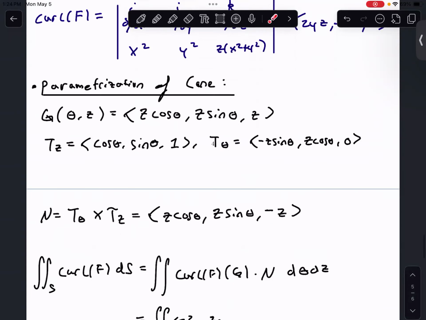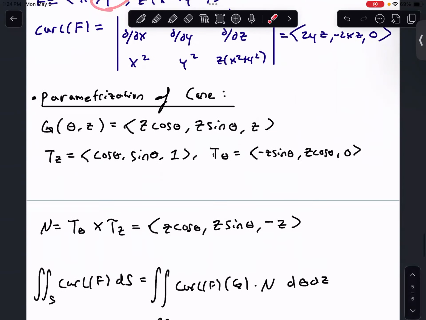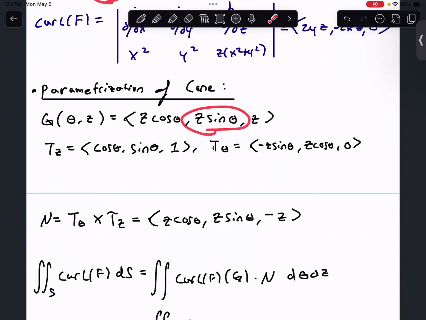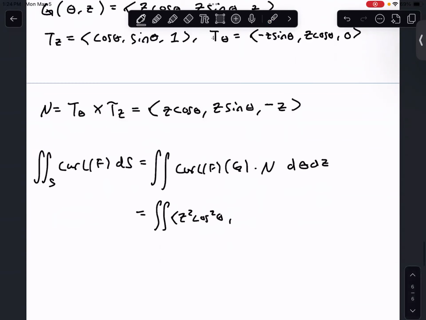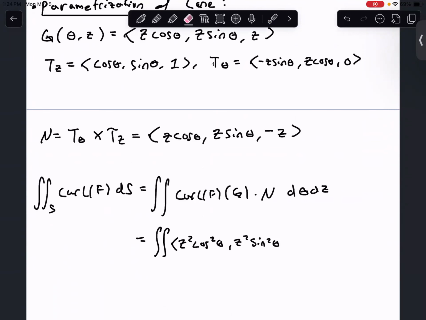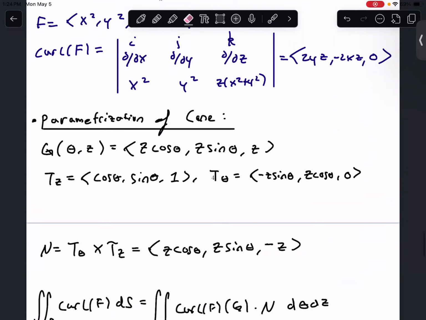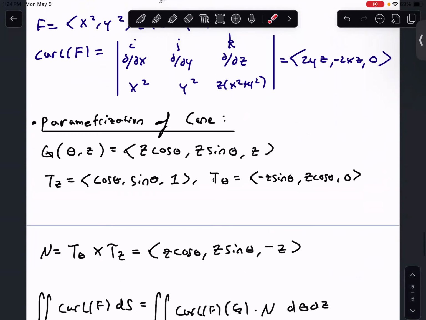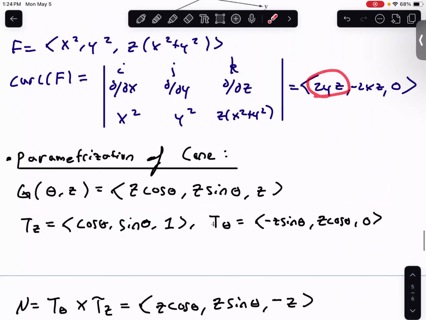The second component is going to be y squared, so you're going to have z squared sine squared theta. Oh, I'm not looking at the right thing. I knew something was off. I was looking at f and not the curl of f. The curl of f has a 2 in it. Sorry, I was looking at the wrong vector field.